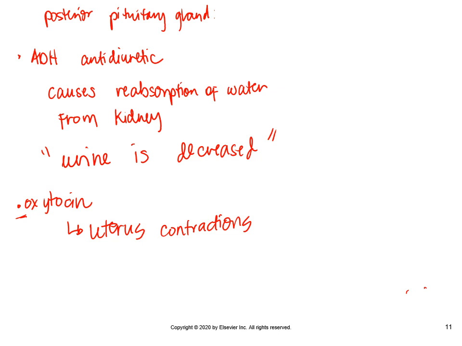And another function is the release of breast milk. Okay. Now, don't confuse this with the prolactin. Prolactin is the one that stimulates the breast milk production, and the oxytocin is the one that's actually helping with the release of the breast milk.